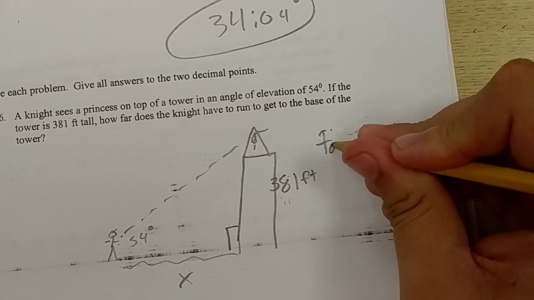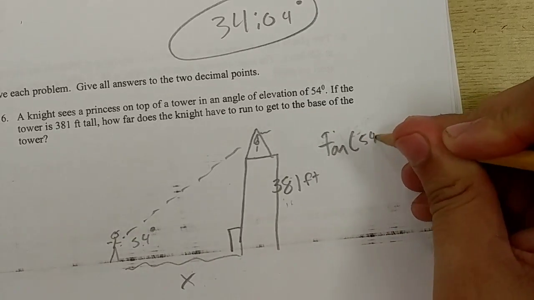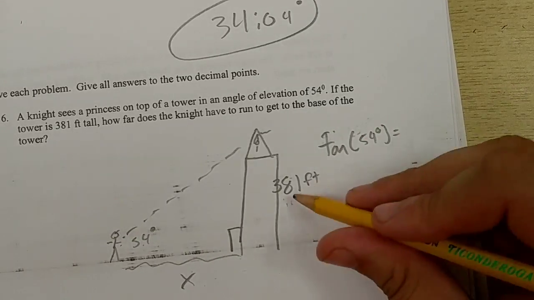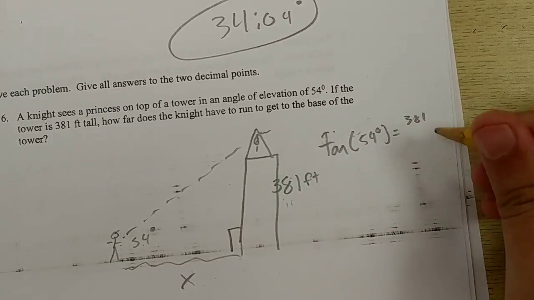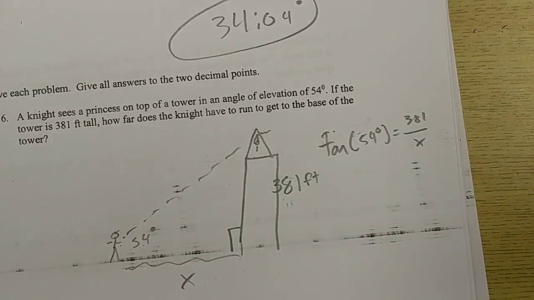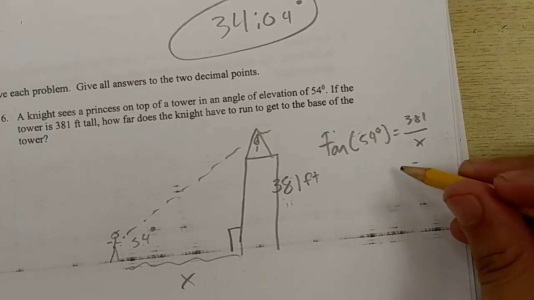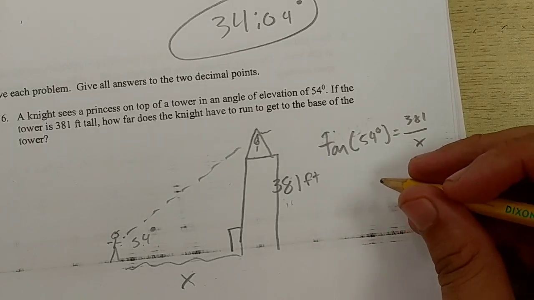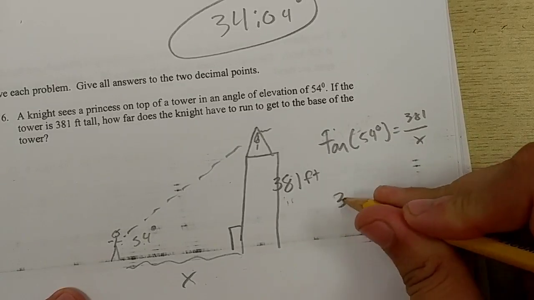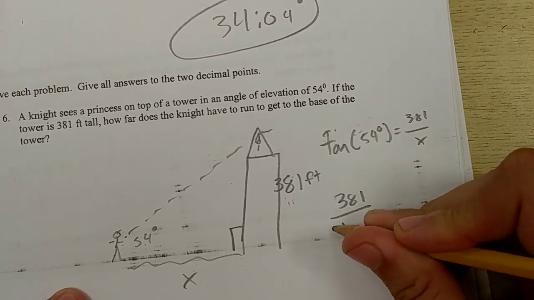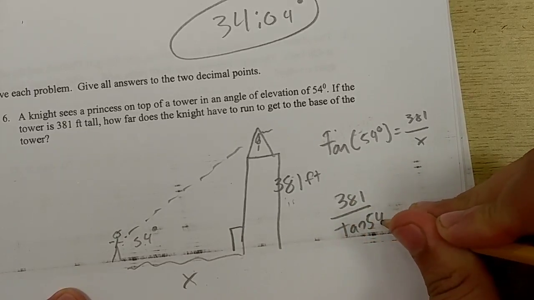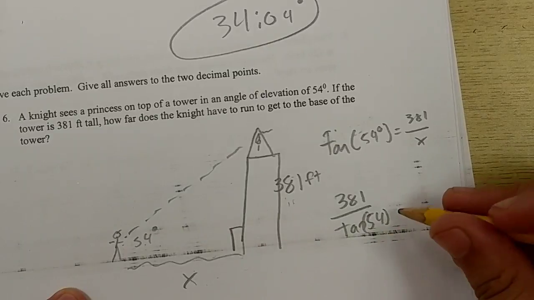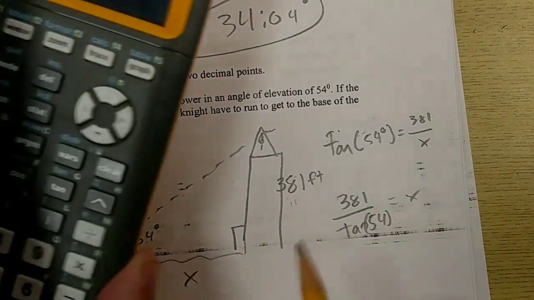Tangent of 54 degrees equals opposite, which is 381, over x. Times x divided by tangent, so that is 381 divided by tan 54, opposite over adjacent, equals x.